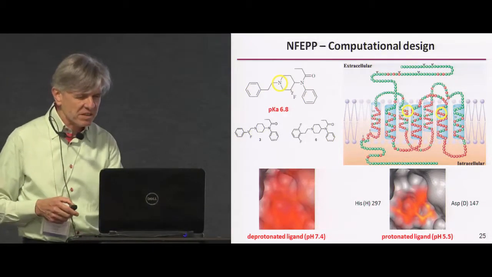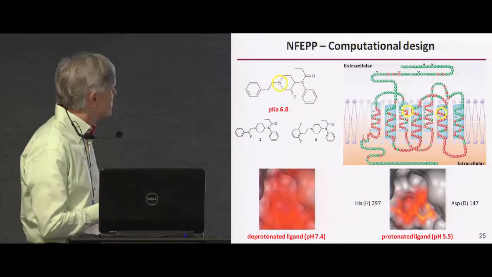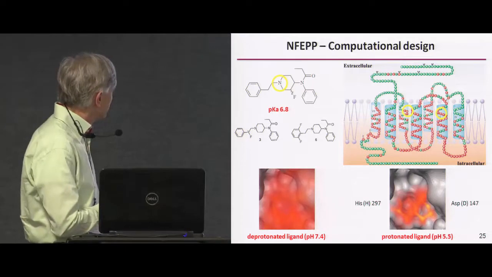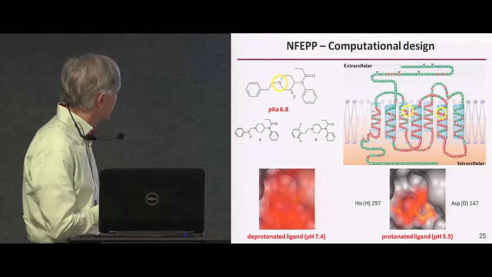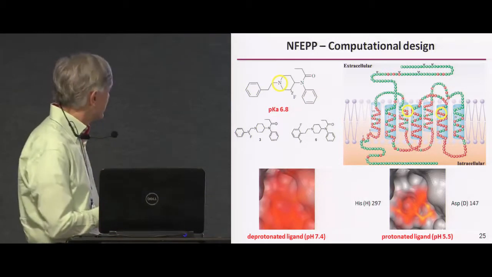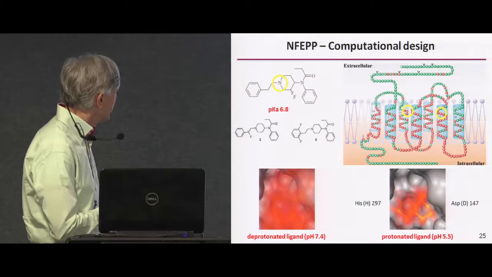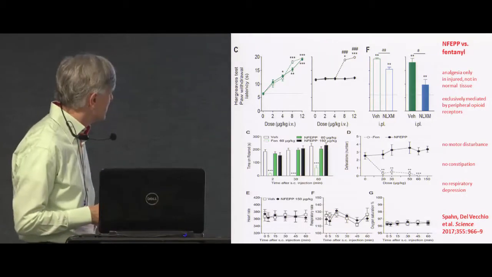So then we constructed a new compound that had a low pKa, by adding fluorine atoms here. The fluorine atoms are very electronegative and they draw electrons and they lower the pKa of this compound. And indeed, this is what we found.